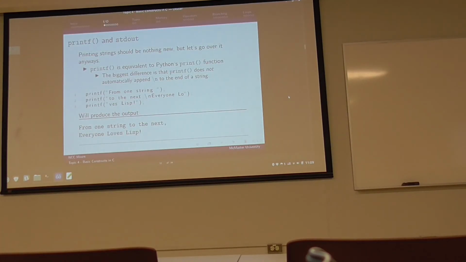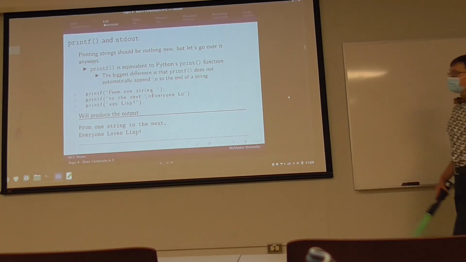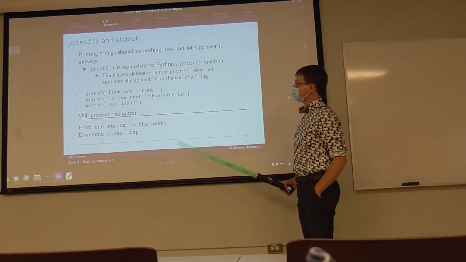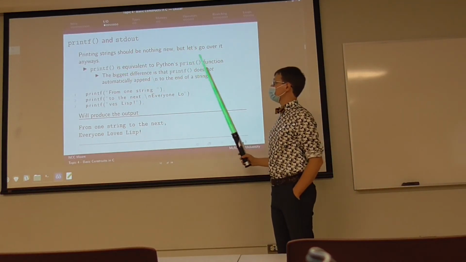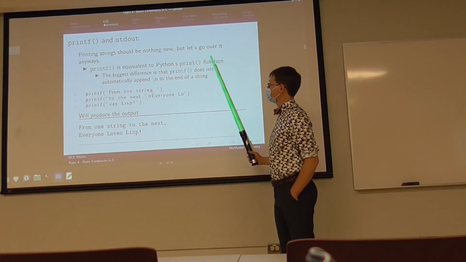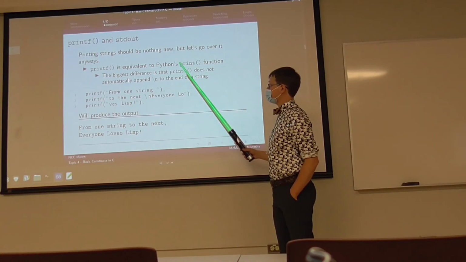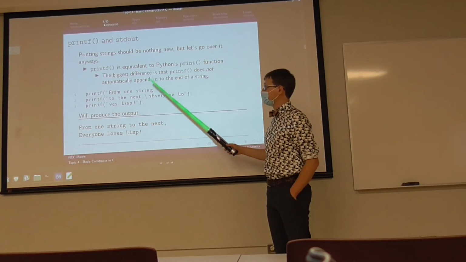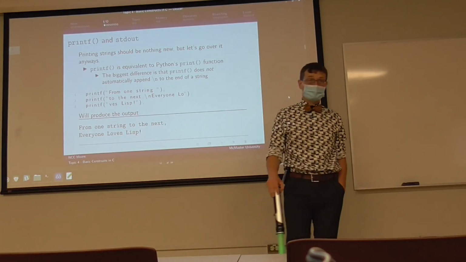So, printing strings should be nothing new, but let's go over it anyways. Printf is equivalent to Python's print function. The biggest difference is that printf does not automatically append a newline character to the end of a string.